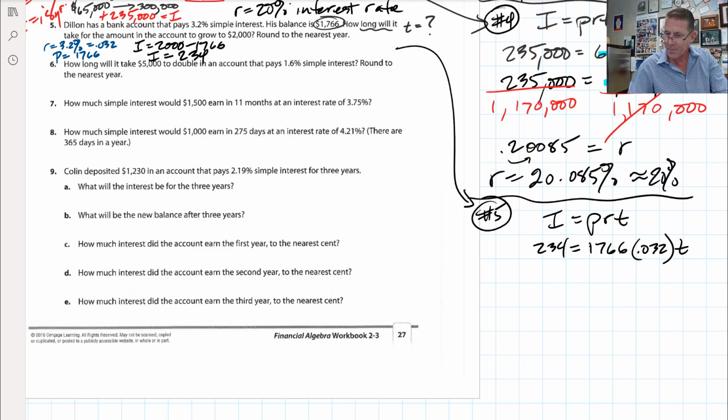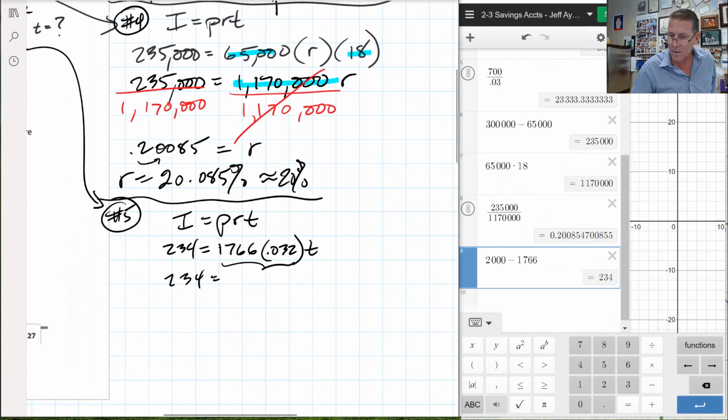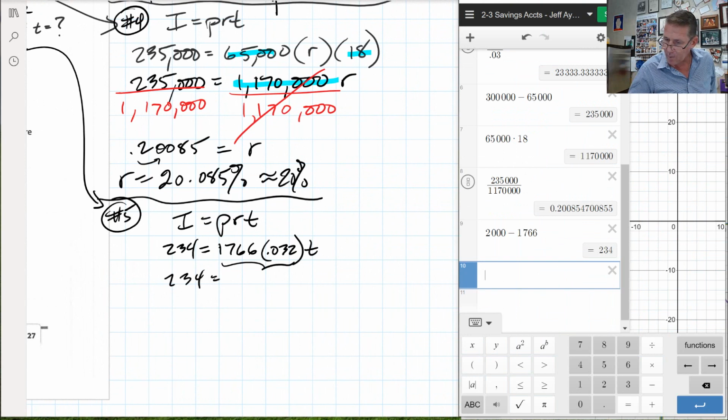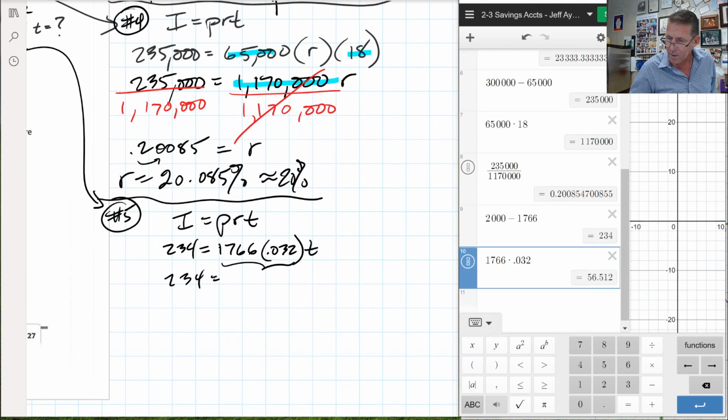Let's work it out. Let's multiply these two and simplify. So 234 is equal to something. Enter in 1,766 and multiply it by 0.032, and we get 56.512. So 234 equals 56.512 times t.